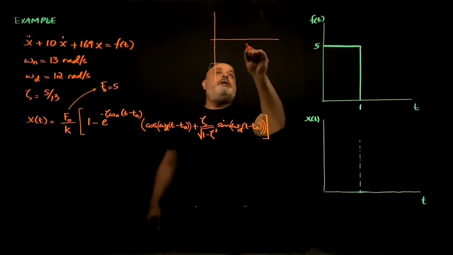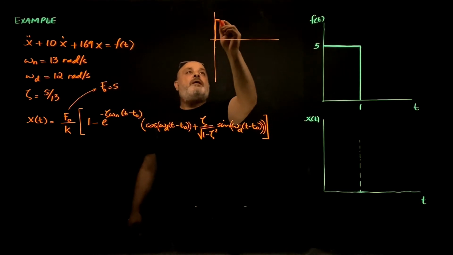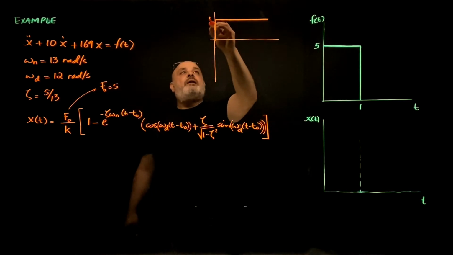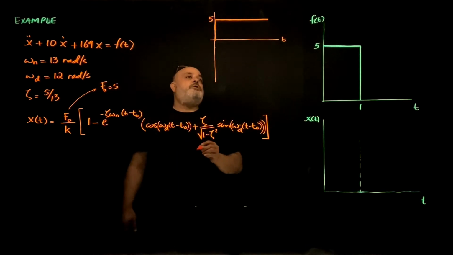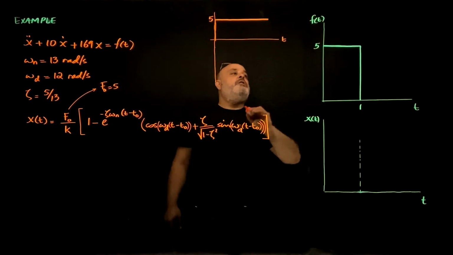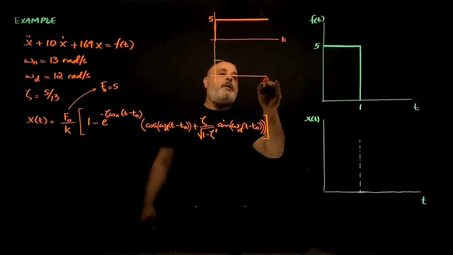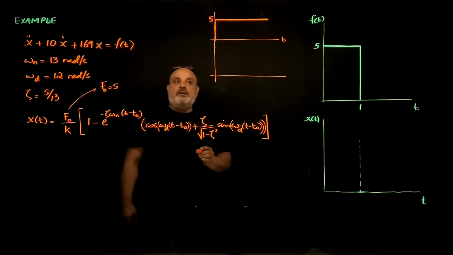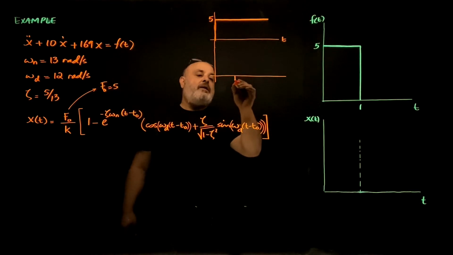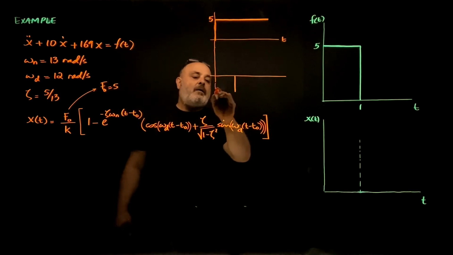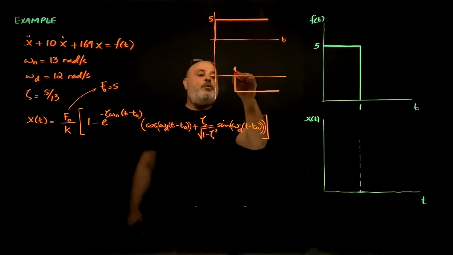First, I will have a step function of magnitude 5 applied starting from time t equals 0, but this goes on to infinity. So I will add another step of magnitude negative 5 at time 1.